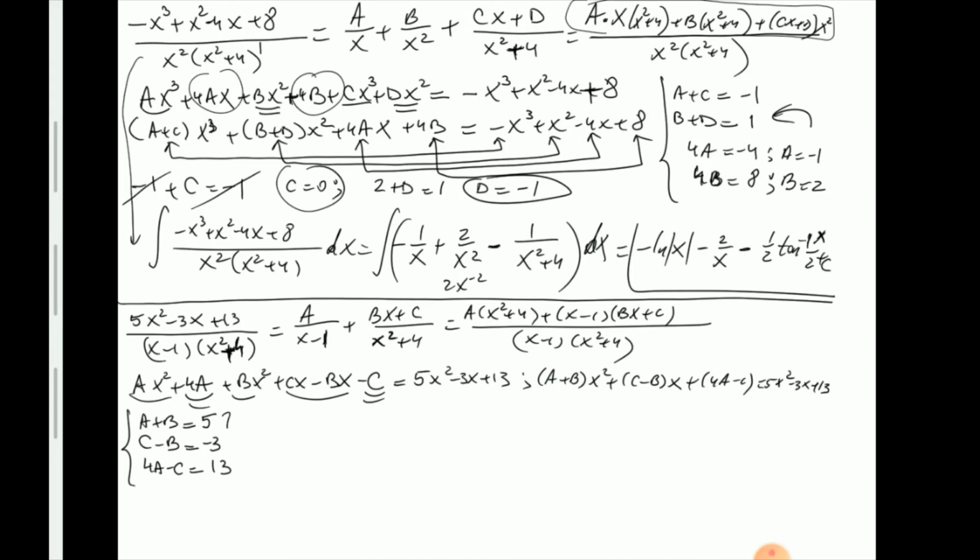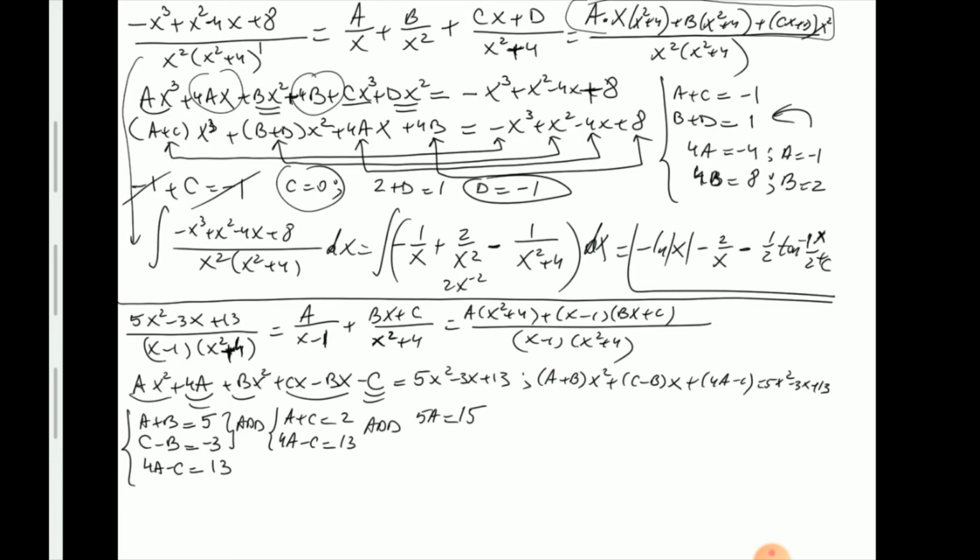Like for instance, here I can just add the first two, and that gives me a plus c equals 2. So it eliminates b, and lucky me, there's no b in the third equation, so I can just end up with two equations in a and c. And again, I can add the two, and then 5a equals 15.